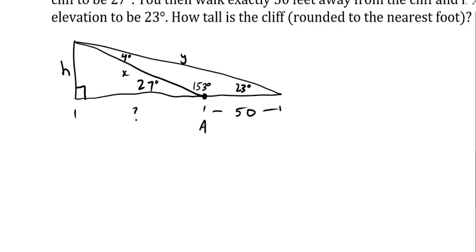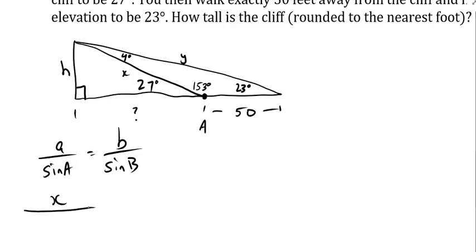And you said sine law, so A over sine A equals B over sine B. I'll get us started. X is my A. What's X across from? Pat, do you know? It is, but that's the wrong triangle. What else is it across from? 23, nice. So sine of 23, very good. And what's my B?